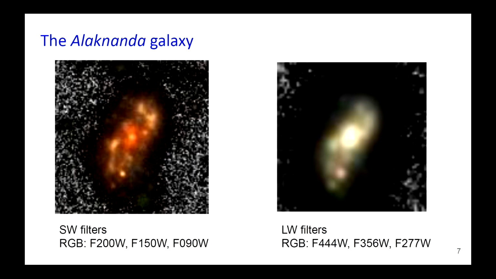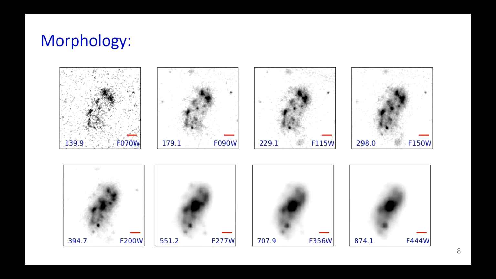One more thing I want to add, this galaxy is almost invisible in the deepest HST observations that are present in this field. Here you can see different cutouts of this galaxy, and this red line indicates a 1 kiloparsec scale, and on the left I have written the rest frame wavelength in nanometers which each filter is probing.